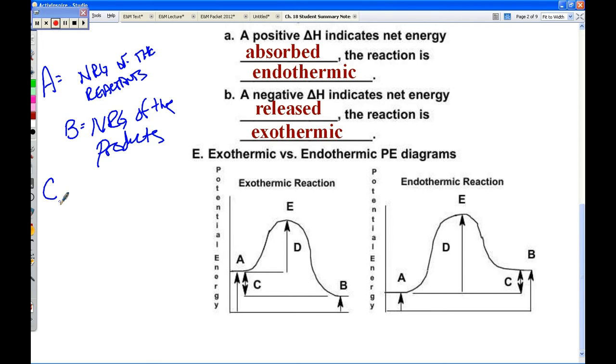Now, if you go down from here to there, or B minus A, C equals B minus A, and this equals delta H, which is called the enthalpy.